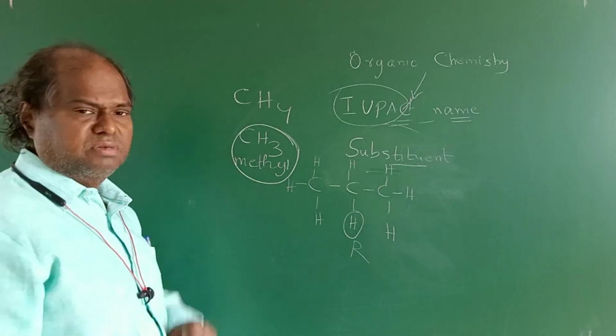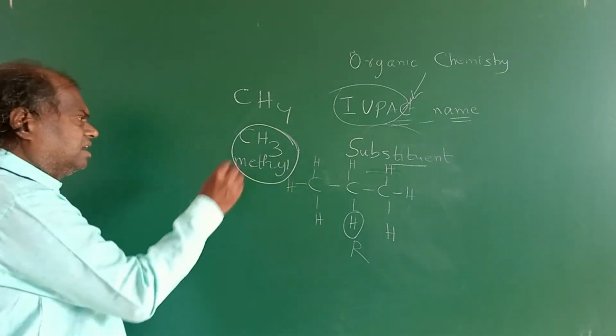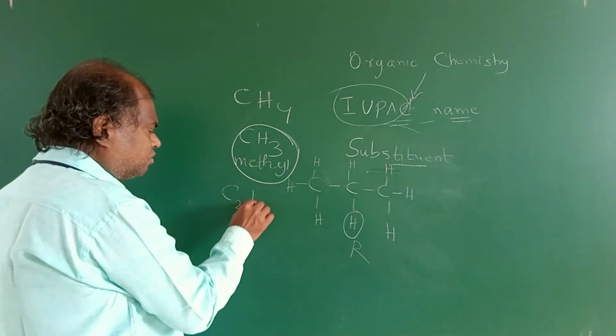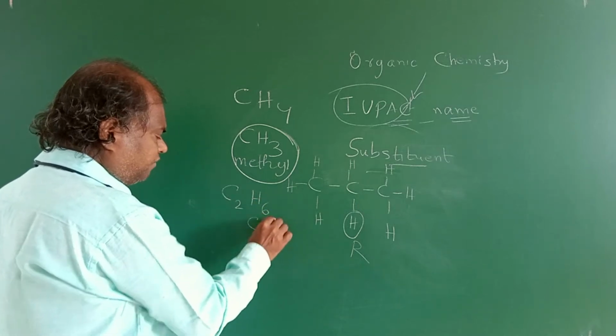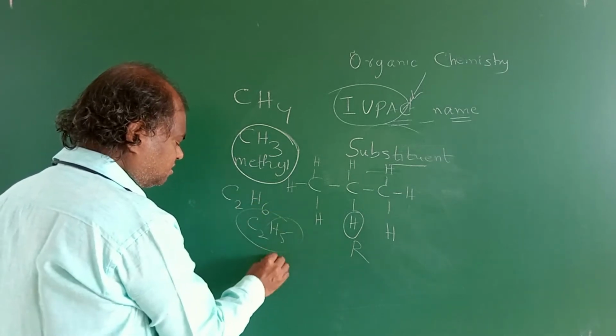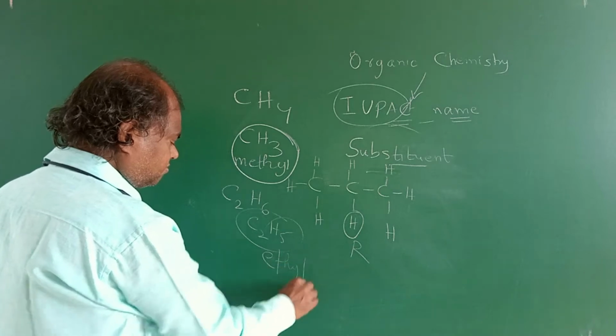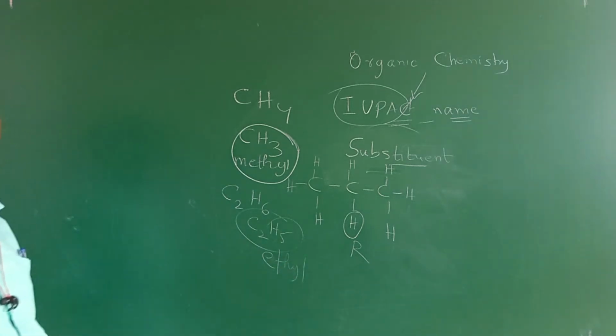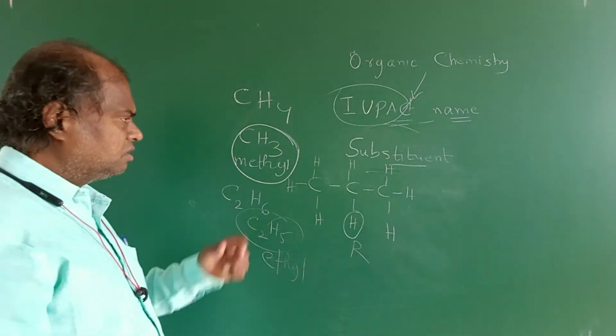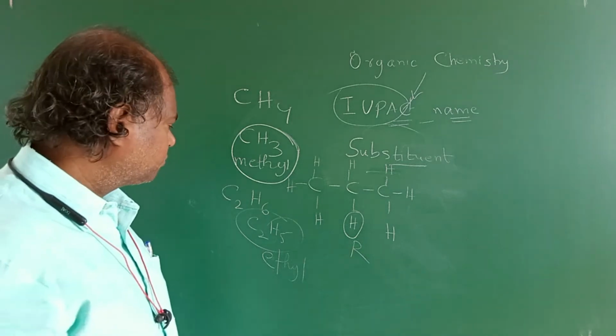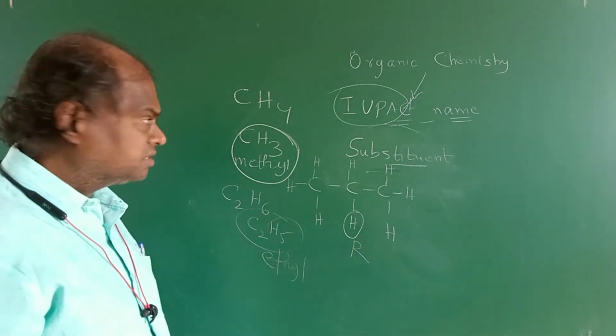Methyl. Remove the hydrogen, methyl. Like that, any alkyl. If you have got C2H6, students, and if you write C2H5, what is this called? Ethyl. Put C2H5 for ethyl. So just remove one hydrogen and you will get that.